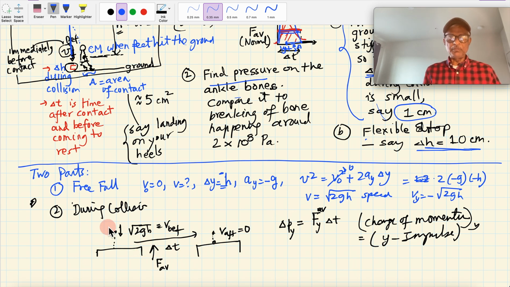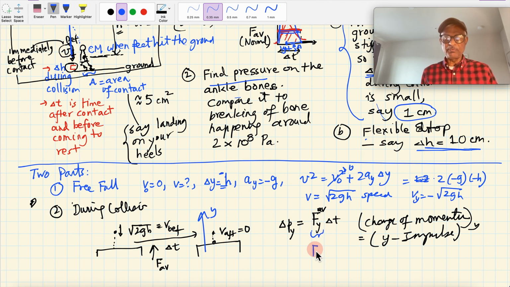I'll take the y-axis as pointing this way. So this just becomes F average, whatever I wrote down there, times delta t, the amount of time it took. Final is 0. Initial is going down, so minus m square root of 2gh.